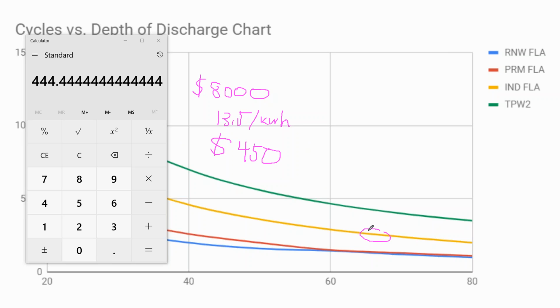Whereas the industrial flooded lead acid new is around $200 a kilowatt hour, or over half the cost. And even recently, on my most recent off-grid project, we went with a refurbished flooded lead acid battery, mainly because we were constrained by budget, and so we had to do everything we can to cut cost. We went with a refurbished flooded lead acid at $90 a kilowatt hour.